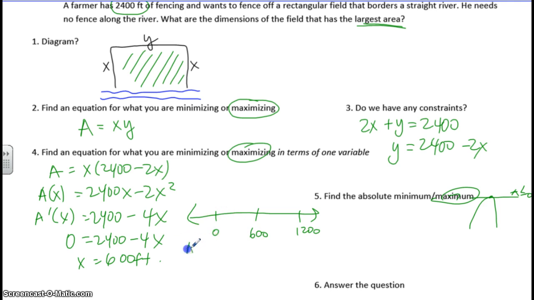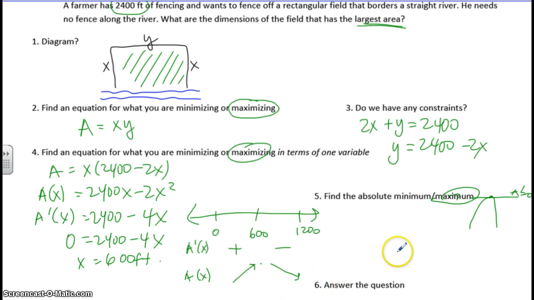So if you test out your A prime, in this case, between 0 and 600, your A prime is going to be positive. Between 600 and 1,200, your A prime is going to be negative. So it looks like your area will peak right here at x equals 600 feet.